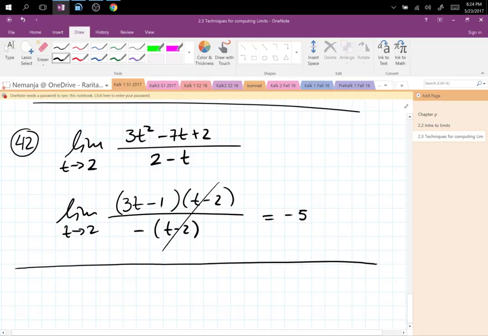Let's do another textbook exercise. Oh, wow. The example that I used is actually 47, the one with the 9 and the square root of x. I don't know what's assigned for homework, so just work around it.